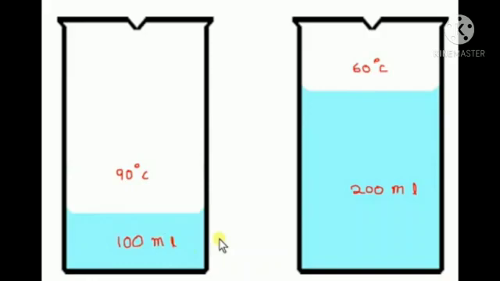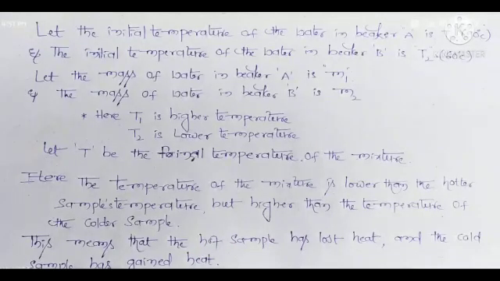Let the initial temperature of the water in beaker A be T1, that is 90 degrees Celsius, and the initial temperature of the water in beaker B be T2, that is 60 degrees Celsius. Let the mass of the water in beaker A be M1 and the mass of the water in beaker B be M2.